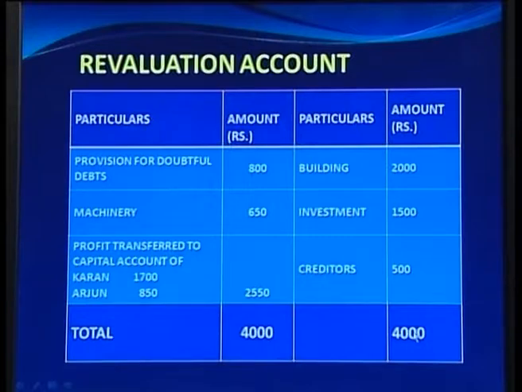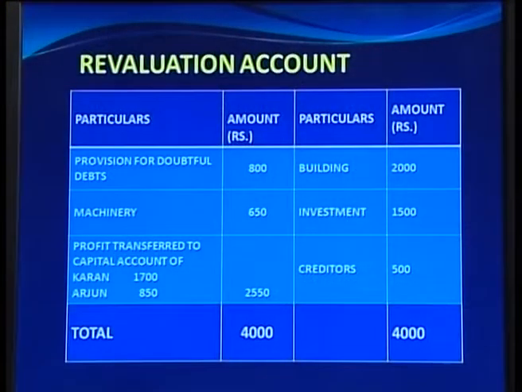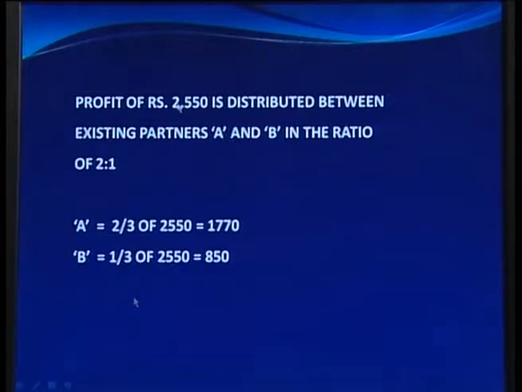To understand the mechanism properly, we have given the names of the partners as A and B. It can be any nomenclature, may it be Karan, Arjun or any other name, whatsoever the name of the partners would be. So, we have written over here the names of the partners of which we are discussing as A and B, and the share of Karan is 1700 and that of Arjun is 850. Let us see how this share has come.